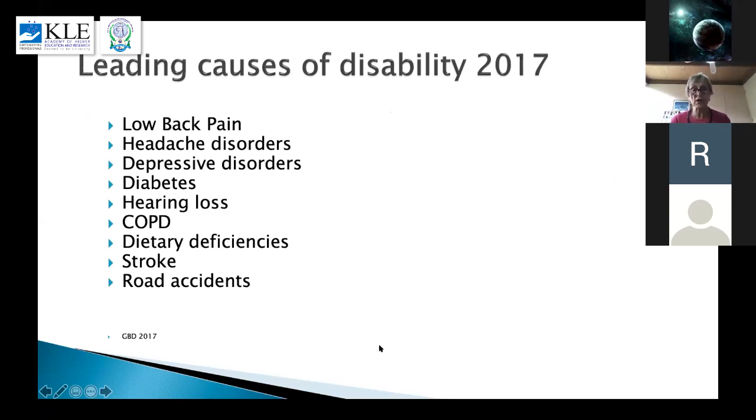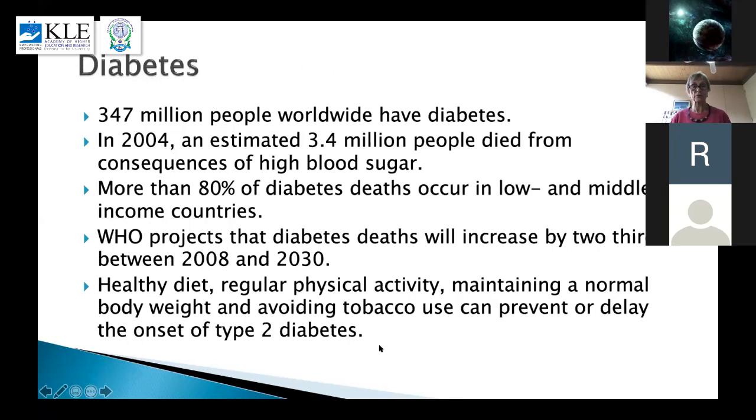Low back pain, headache, depression, diabetes, and it was interesting listening to Arun a minute ago, hearing loss through industrial work, COPD, through environmental things often, dietary deficiencies causing obesity, strokes, and things like road accidents. So again, I'll keep coming back to the fact that physiotherapy plays a big role in this, and how do we play it? We'll look at that through health promotion.